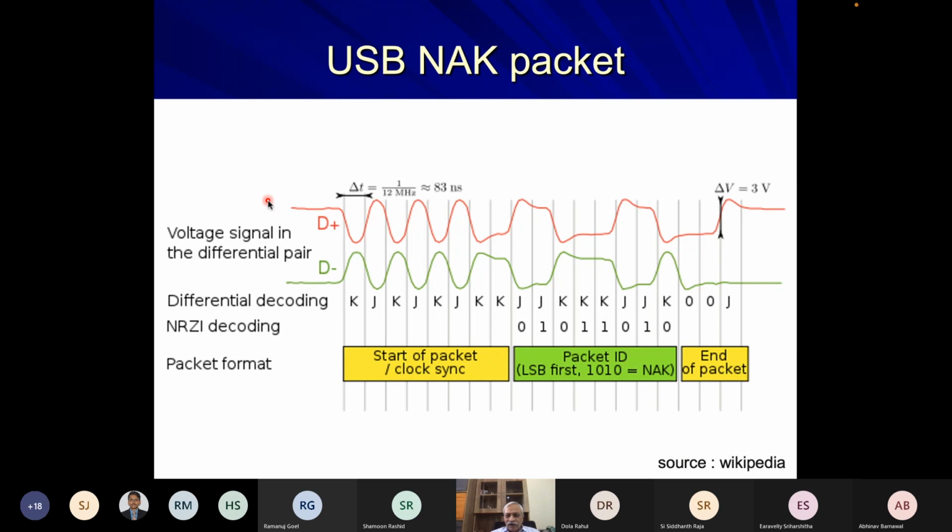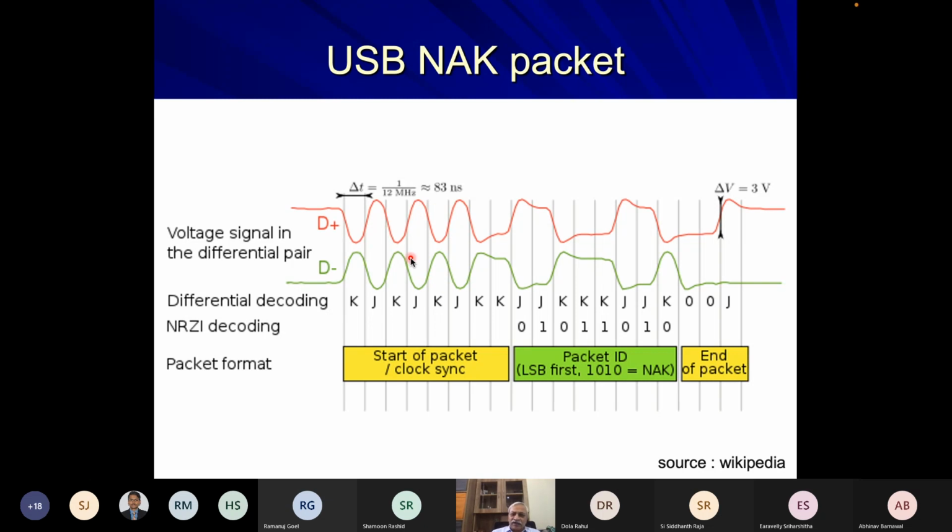So an example of how a packet is represented over these two wires is shown here. So red signal is the D plus, green is a D minus. So in the beginning, you could see that they are just going through a periodic waveform, and here the clock could be synchronized.